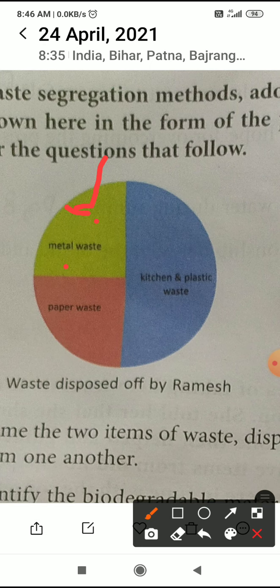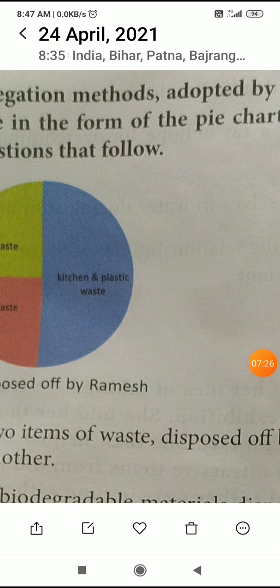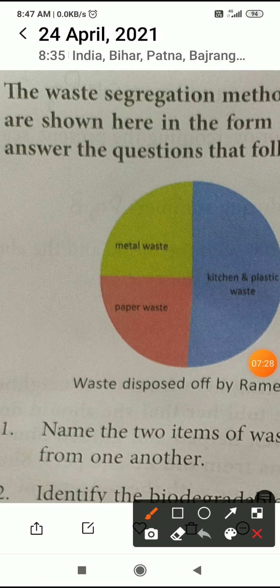Now after segregation, the metal waste is melted at high temperature. So again it forms a sheet or wire, or is used for making various things after the recycling. Sometimes you will find waste disposed of around you.